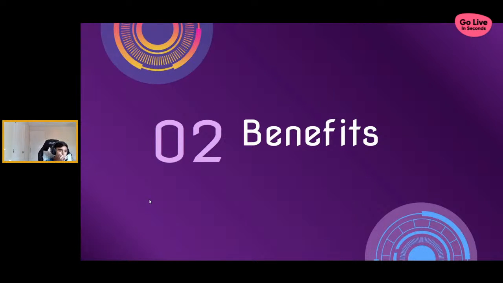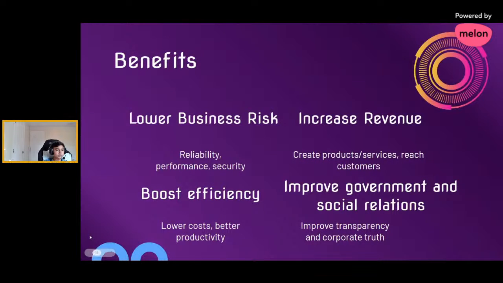Alright, moving on, let's talk about the benefits that CAF brings you when you decide to use it. I have four main governance benefits here, which include lower business risk, increased revenue, boosted efficiency, and improved government and social relations. Lower business risk includes reliability, performance, and security.